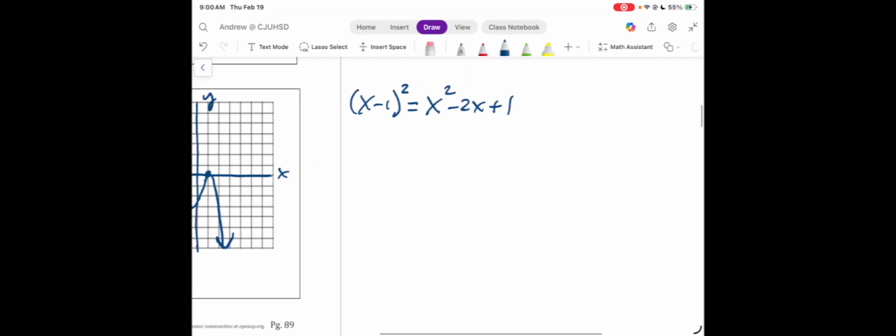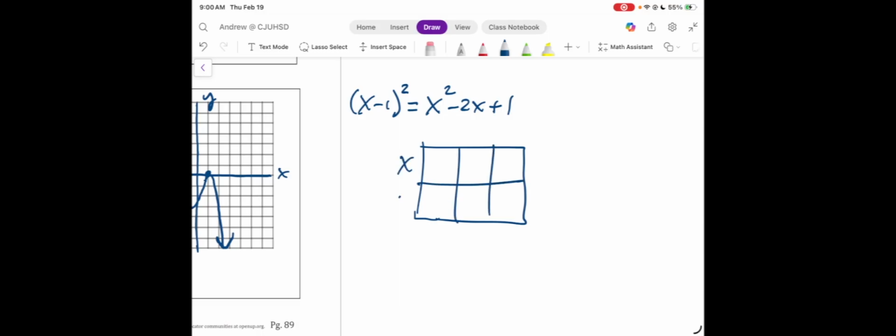So make a box. X and a 2. X squared minus 2x plus 1. Fill in the box. Okay, take it out of the box, combining like terms as you go.